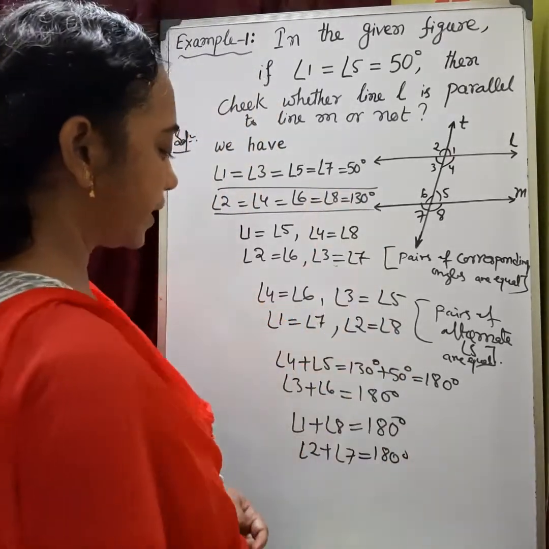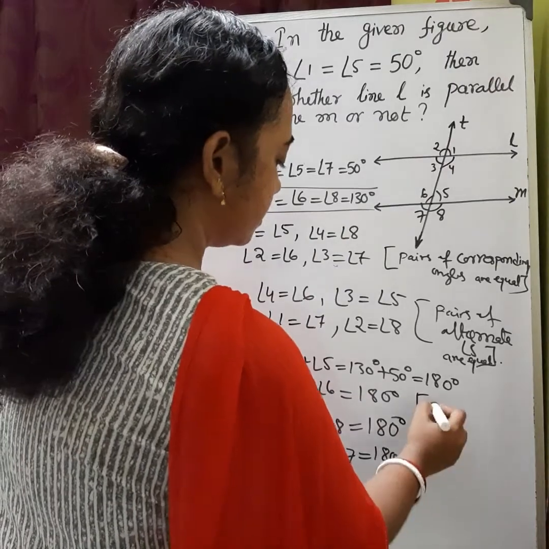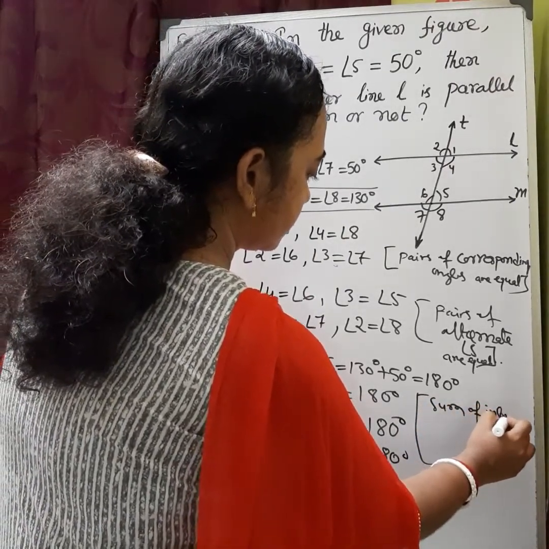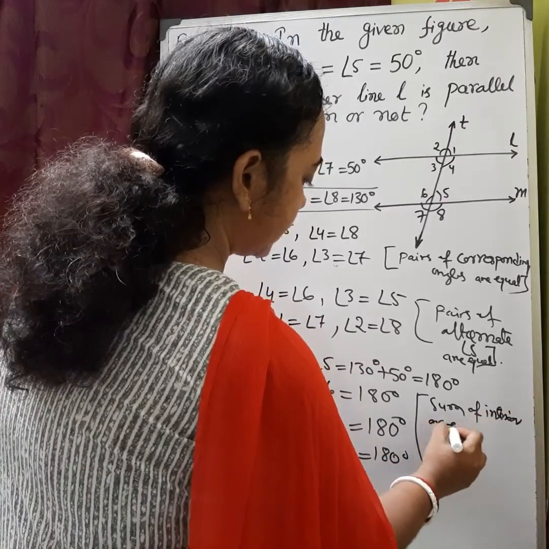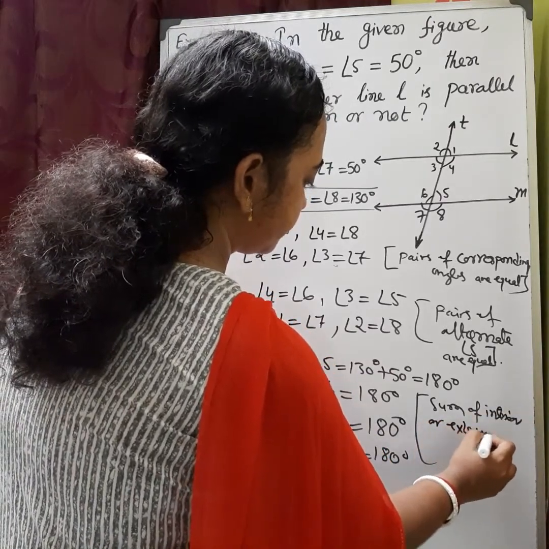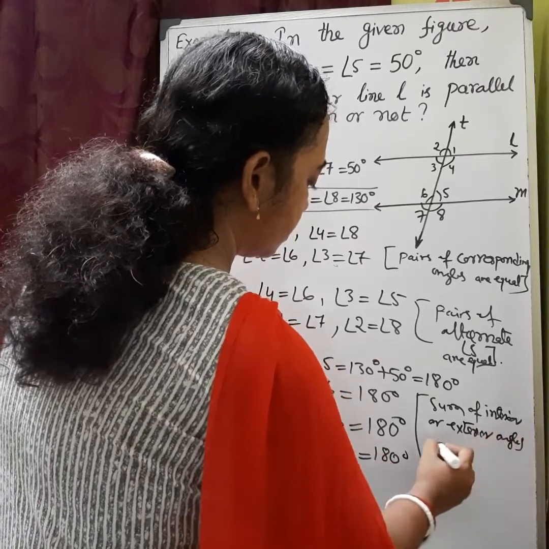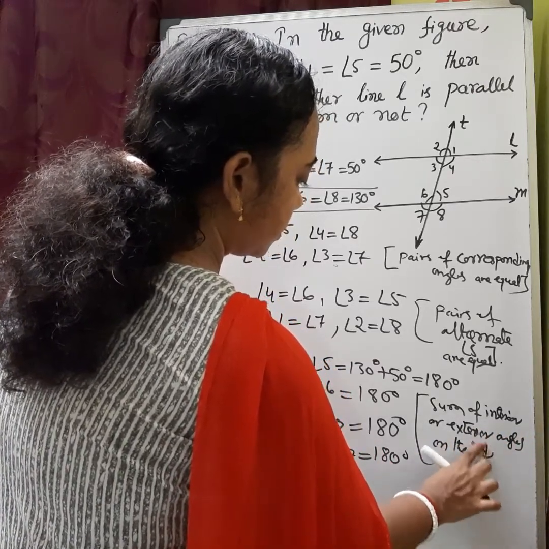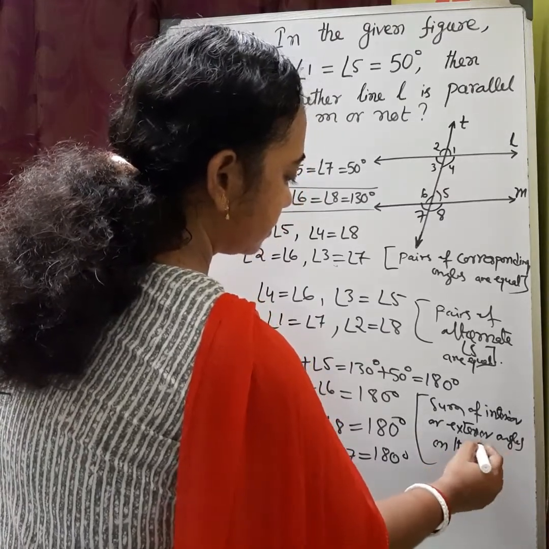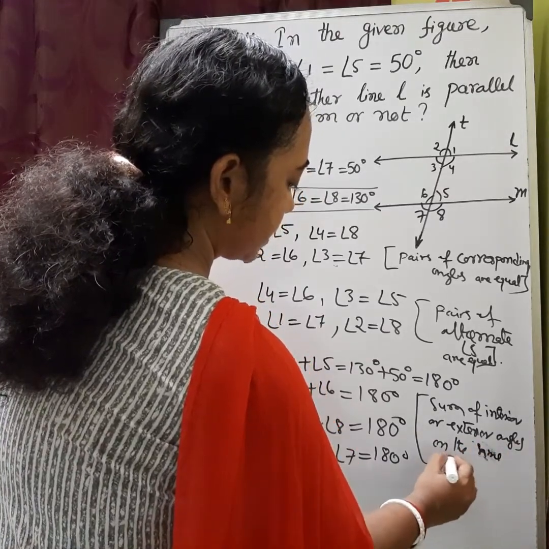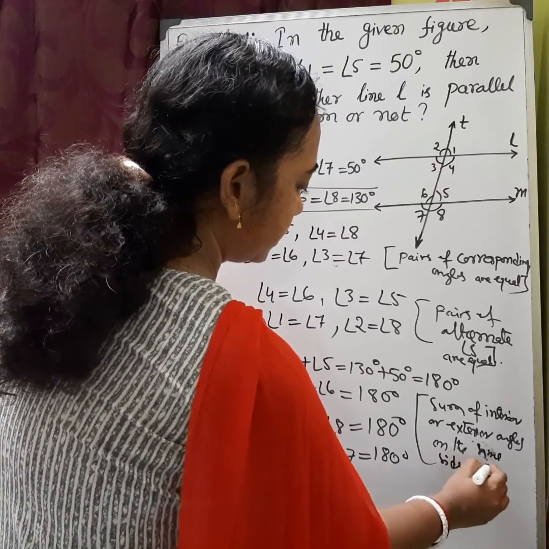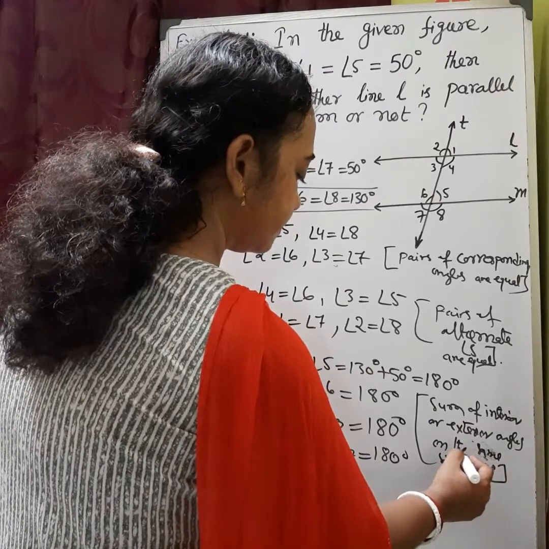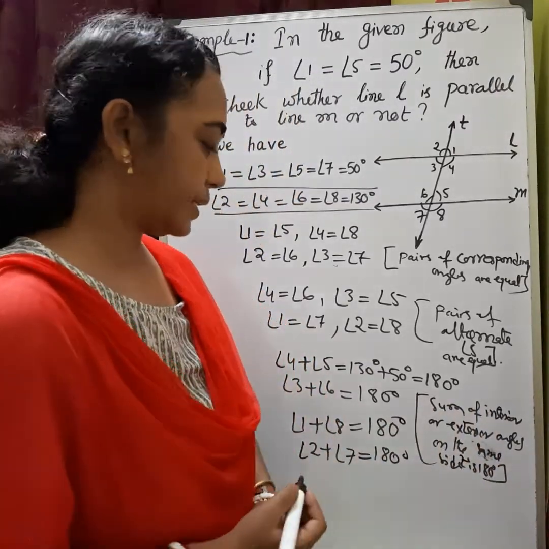From these results, that means the sum of the interior or exterior angles on the same side of the transversal T is 180 degrees.